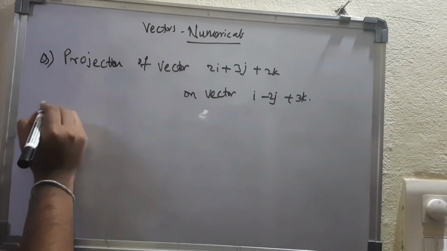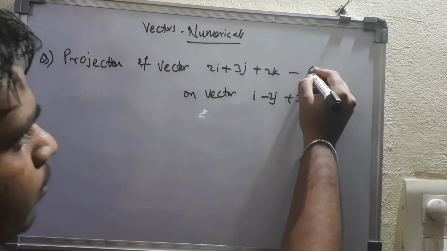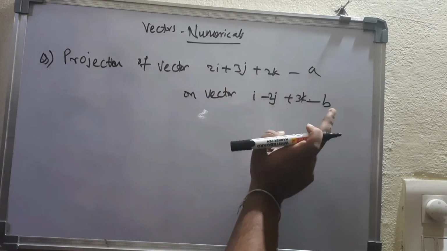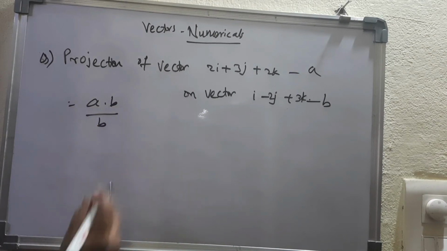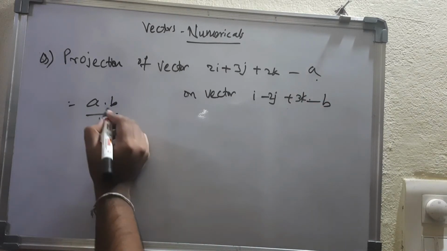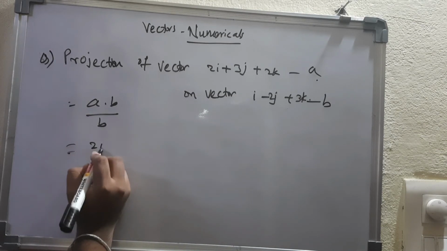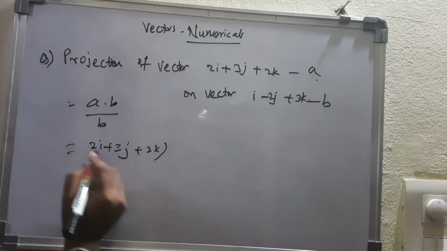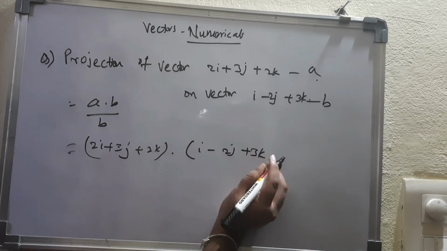Now the formula of projection: let this vector be A, this vector be B. Projection of A with respect to B is A dot B by magnitude of B. Now A dot B becomes (2i plus 3j plus 2k) dot (i minus 2j plus 3k).